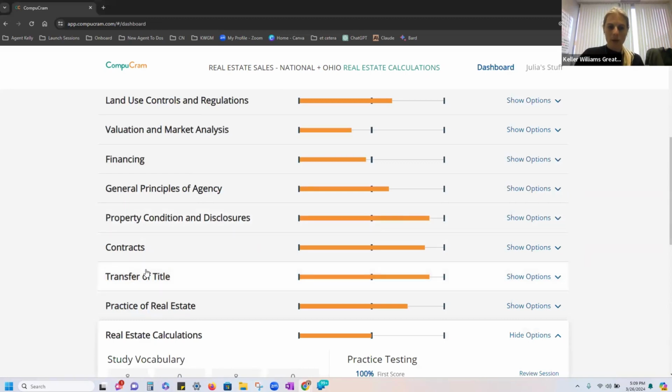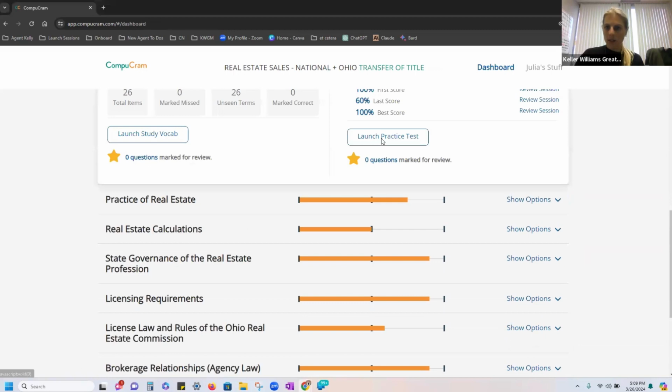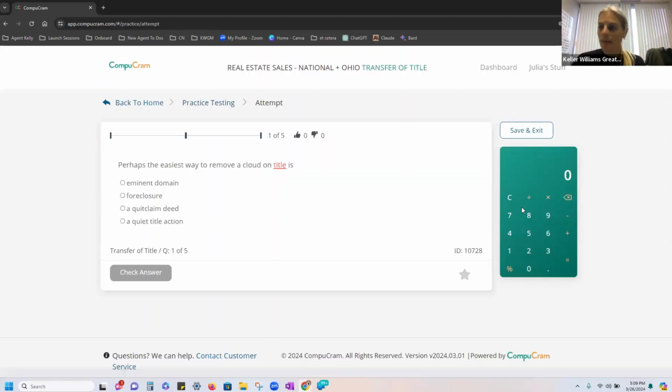So now we'll do transfer of title, and then we'll get into financing. All right. Perhaps the easiest way to remove a cloud on title is A, eminent domain, B, foreclosure, C, a quitclaim deed, or D, a quiet title action.